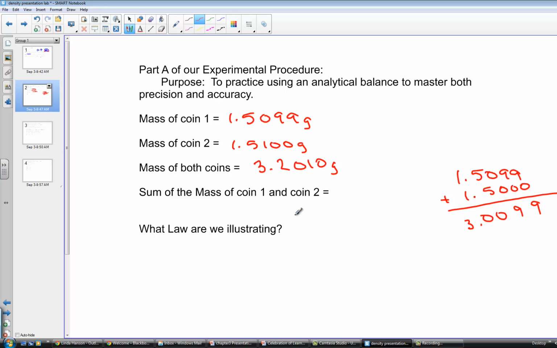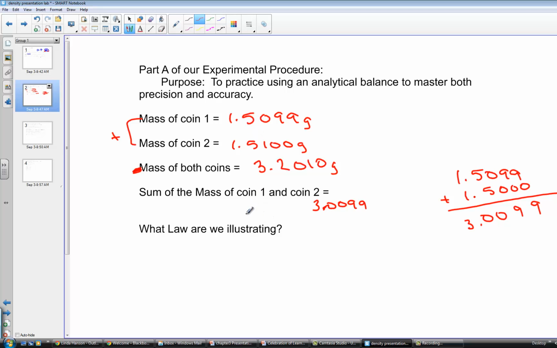If the sum of those two is far different than my calculated average, if I take these two and add them and get a very different answer than this, I want you to start over. I was not very precise. And you'd be surprised, it really does just take practice in getting the analytical scale skills that we need to be proficient chemists in the lab.